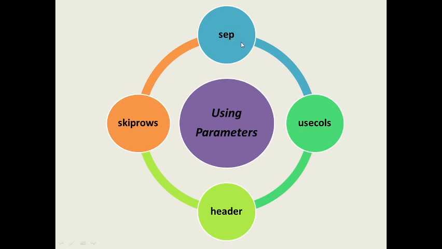So if separator value is different, we can specify that using SEP parameter. We have usecols parameter. This parameter is used to read a specific column. Header is used to specify the header value and skiprows parameter is used to skip rows. Now let's see how to use these parameters.